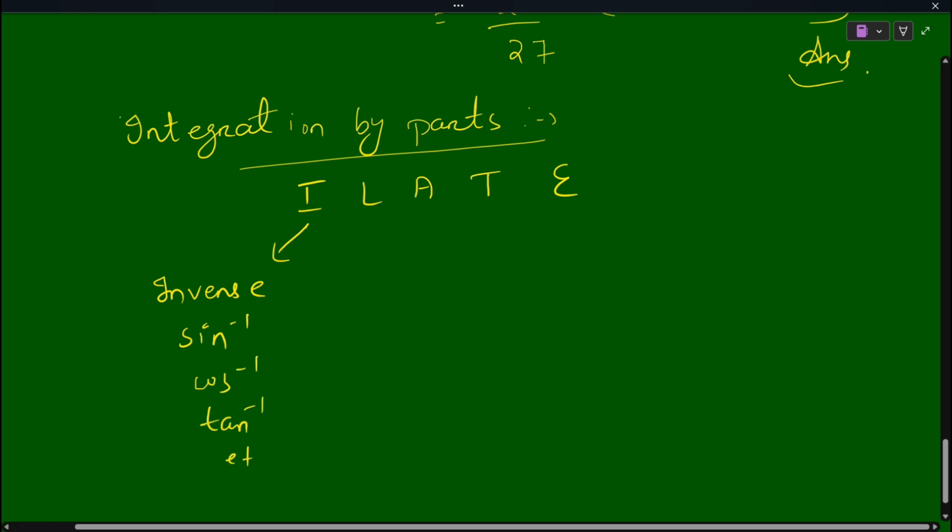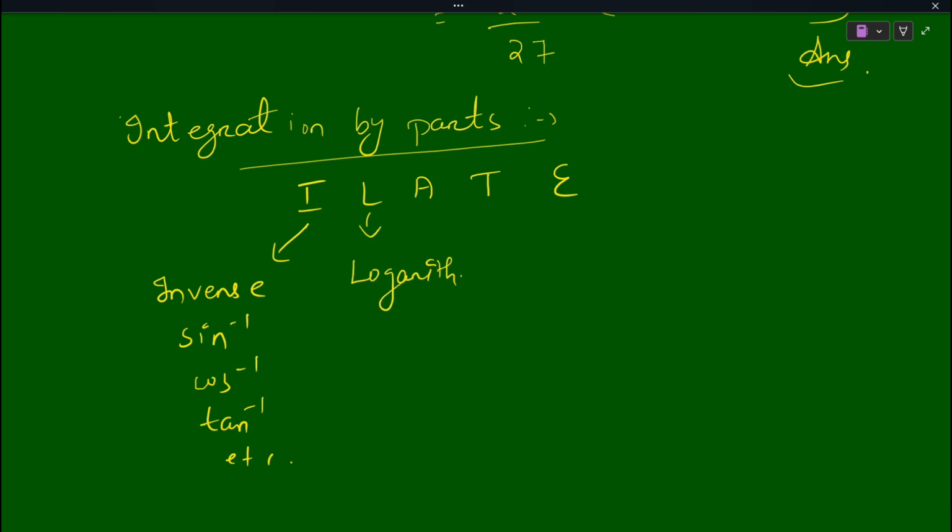Then coming to the L part, it is logarithmic functions, that is log functions, log x square, log x, and so on. And coming to the algebraic part, it is all the functions of the form x to the power n.